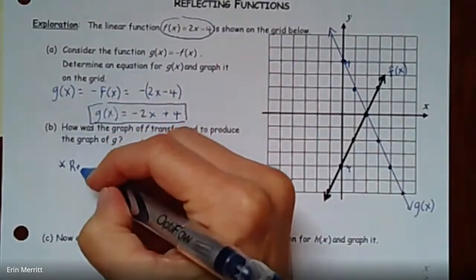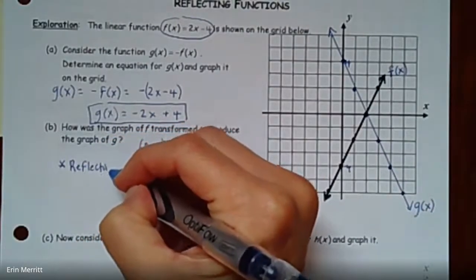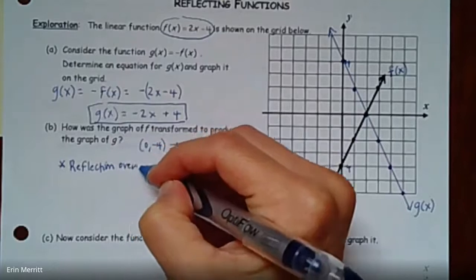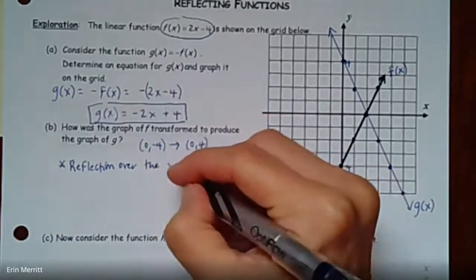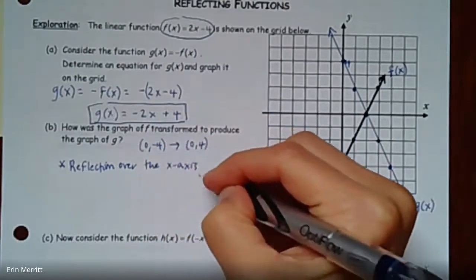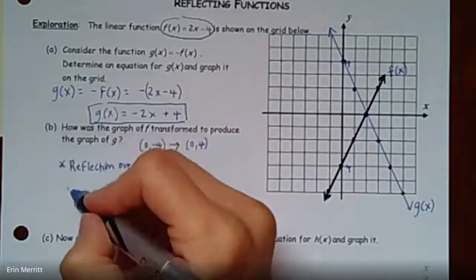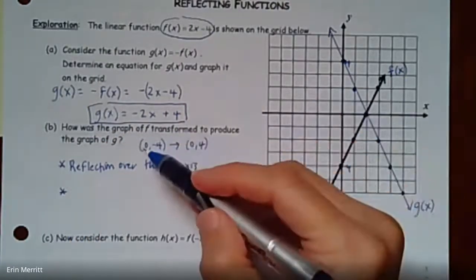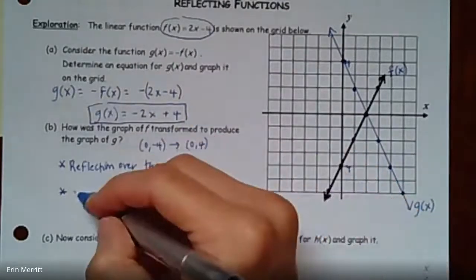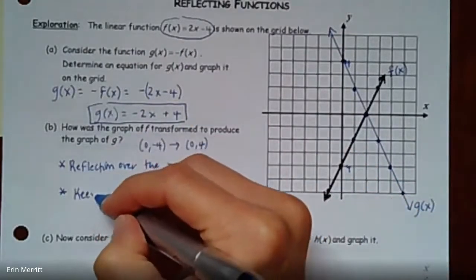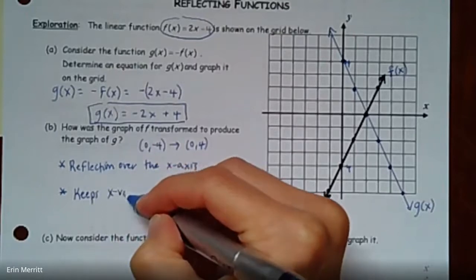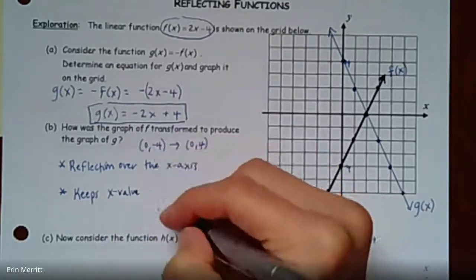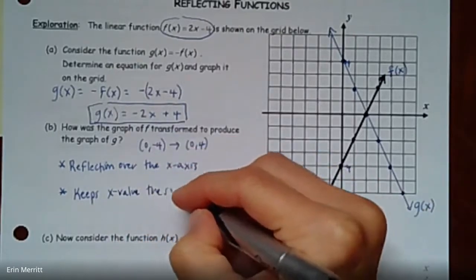So it's a reflection over the x-axis, which, what does that really mean? Well, all the x's stayed the same, like 0, 0, right? So it keeps the x value the same.